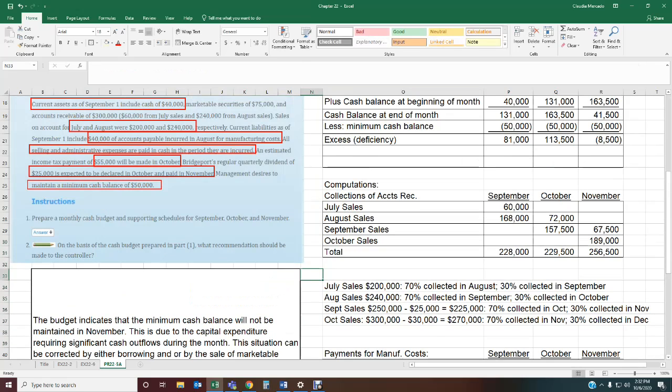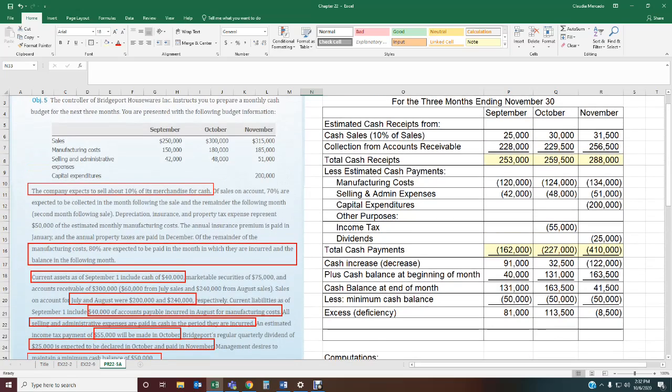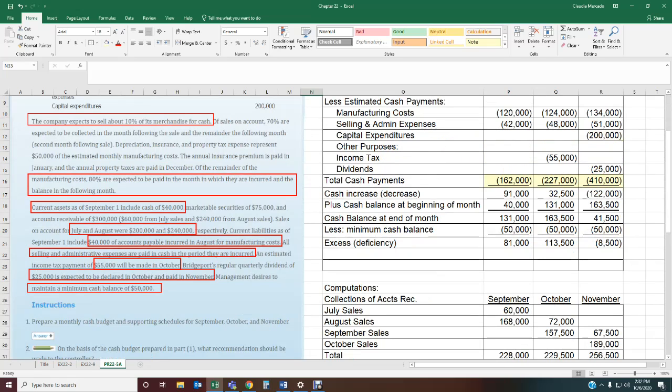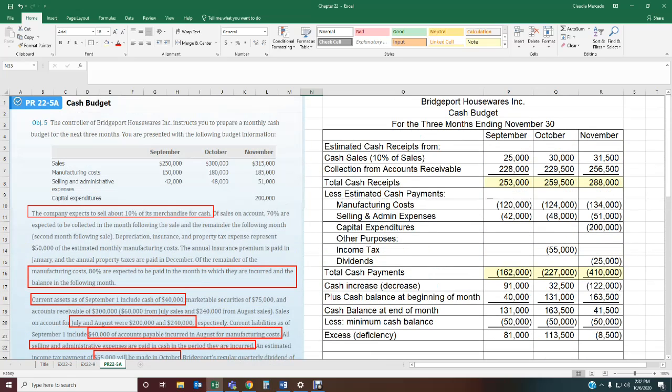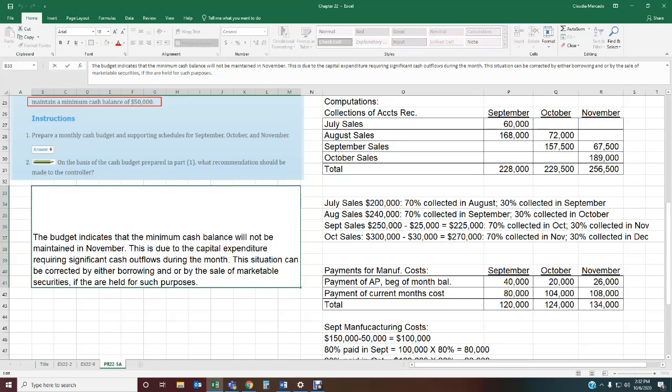So if we recall, we have $75,000 worth of marketable securities. You know what? If we are expecting to have that huge capital expenditure, maybe we want to sell those marketable securities in November to help with that major expense. Okay, that could be a solution.